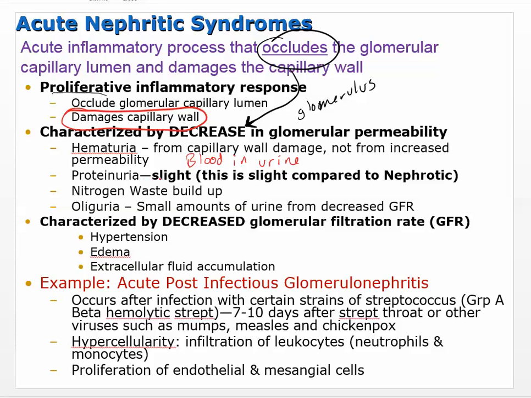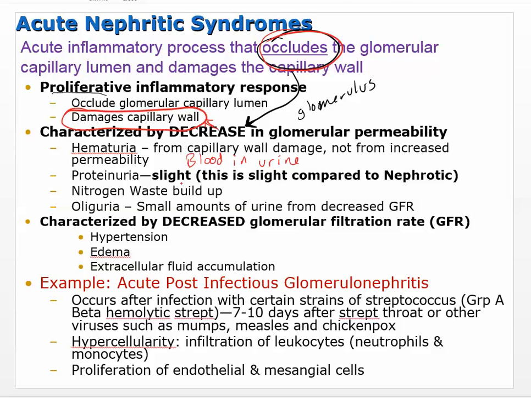Proteinuria is slight. The reason for that is because you have overall an occlusion. Sometimes you get damage to the capillary wall, and you may have some blood that moves in, and maybe some proteins move in with that too. But overall, you're occluding, you're blocking the filtrate.